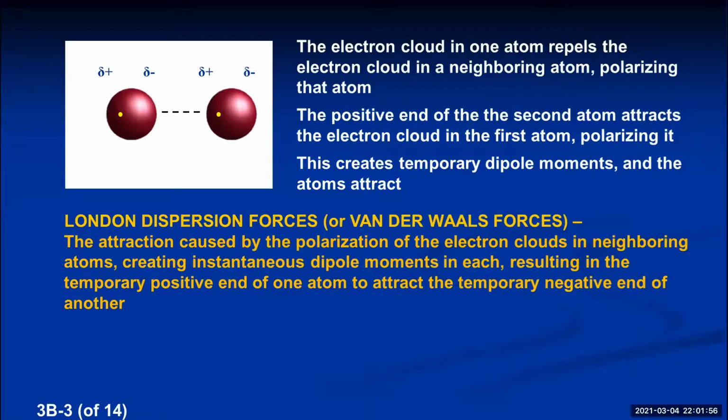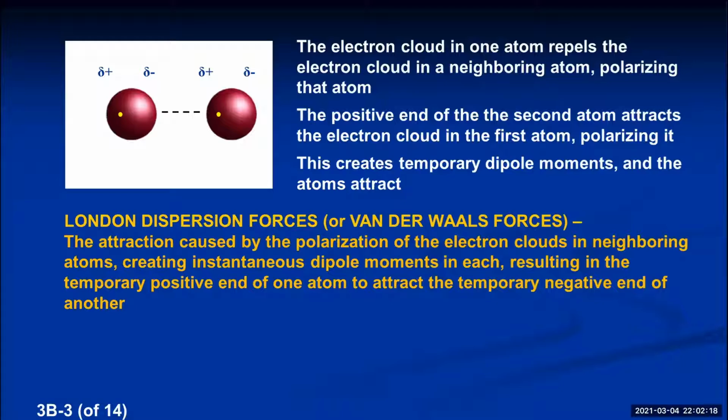So the London dispersion force, and in some older texts, and I believe even on the MCAT they still call it this, they're called van der Waals forces. The London dispersion force is the attraction caused by the polarization of the electron clouds in neighboring molecules. That's what the picture's showing. The electron clouds have both been shifted, so now the electron clouds are polarized.